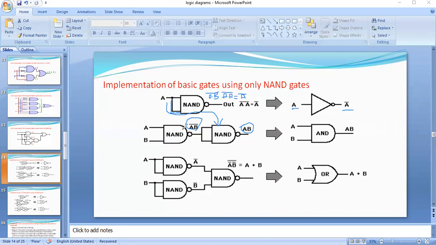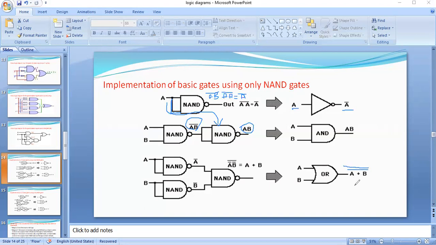Next you have to implement OR using only NAND gates. If you want to implement this OR function using only NAND gates, we have only the dotted operation, so we have to use only the dotted operation. What I'm going to do is apply a double whole bar.